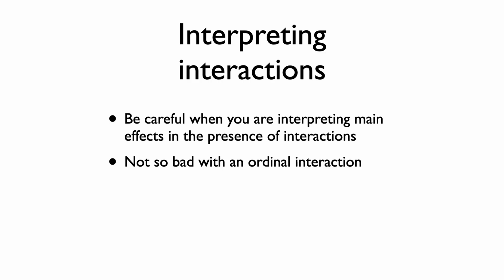There are times, I have colleagues, friends around the world, who only look for interactions. They don't care about main effects. They want something that just crosses like that. And that can't happen in certain cases. So you will hear some people say, and I know the book talks about it a little bit, do not interpret main effects in the presence of any interaction.